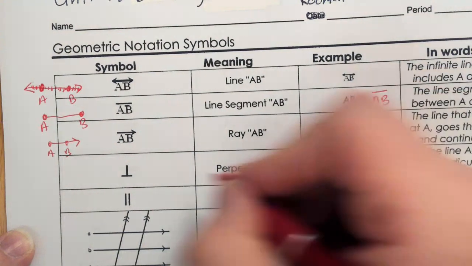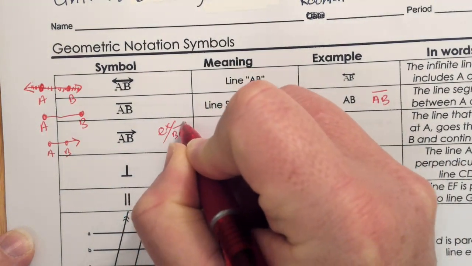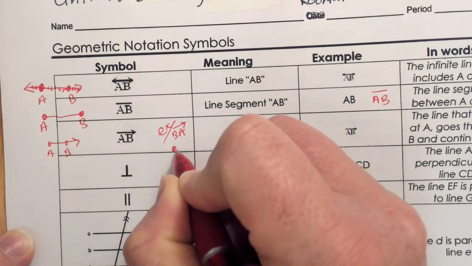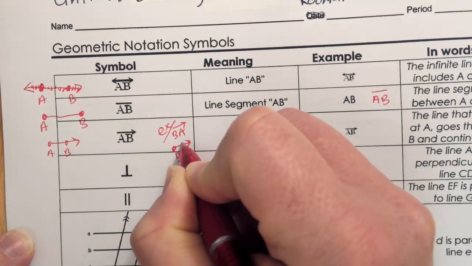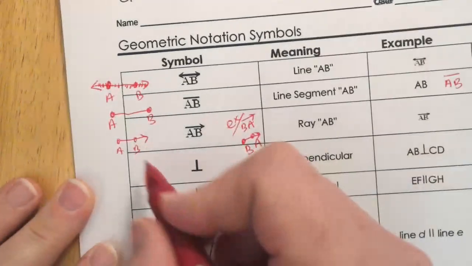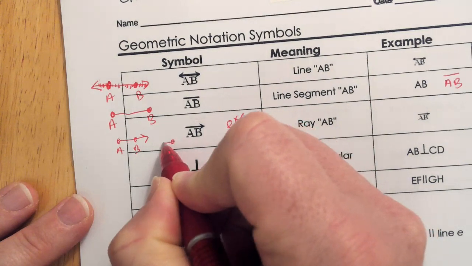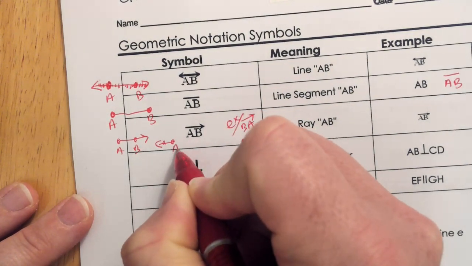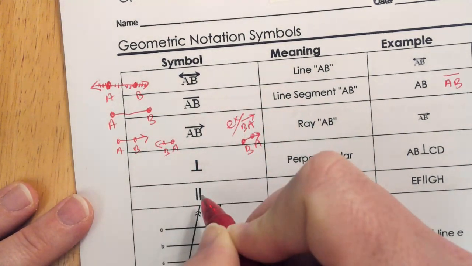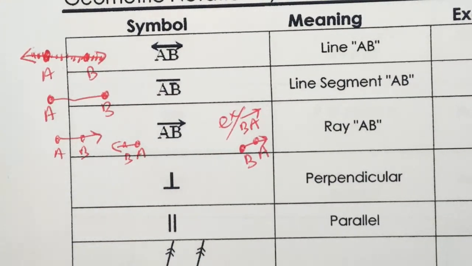For another example, if I said ray BA, then I start at B and I shoot through A. And it doesn't always have to be in that direction. If I was doing my ray AB again, I could go this way. I start at A, I go through B, but this time I'm going to the left. So that's also okay. And I'll zoom in because I know that's a little small for you guys.